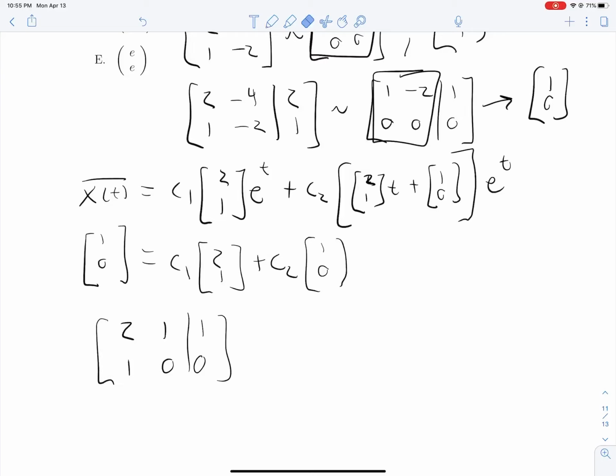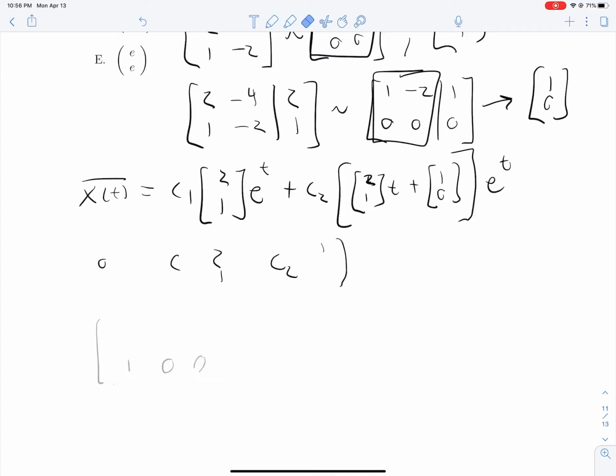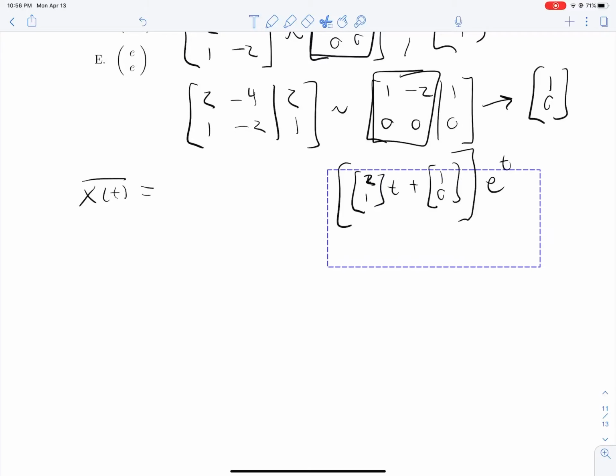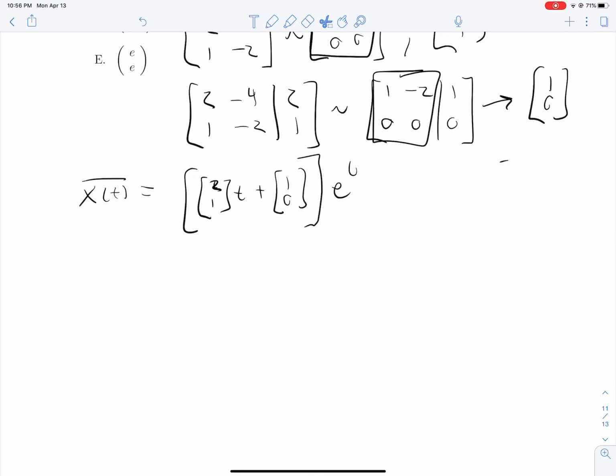We can subtract 2 here. We see that c2 is equal to 1, c1 is equal to 0. So I'll go back up. Not sure why I decided to erase this. We go back up, delete our c1 entirely, replace our c2 with a 1, and we are evaluating this at 1.